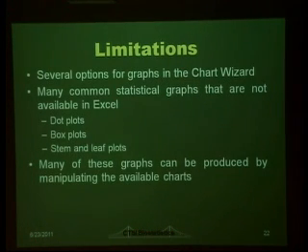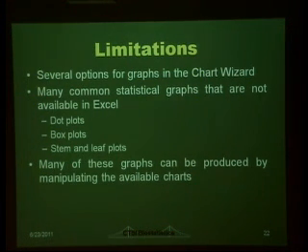Okay. Now, as you've seen, we have several different options for graphs in Excel's chart wizard. However, it does have its limitations, like any type of software package. Some of the common statistical graphs that you'll see often in literature are not available in Excel. There's the dot plot that Excel will not do. That's very similar to a bar graph, but instead of the columns, we have dots.